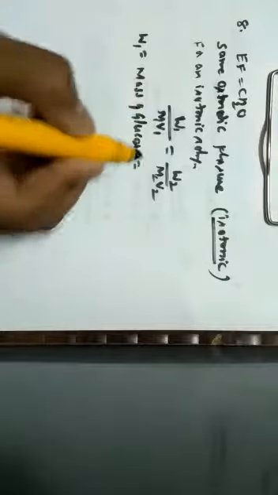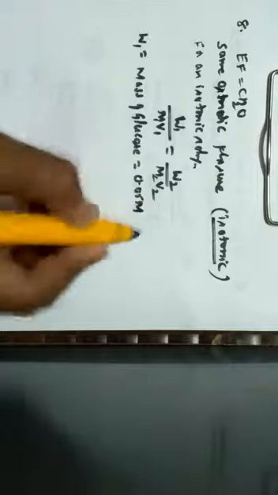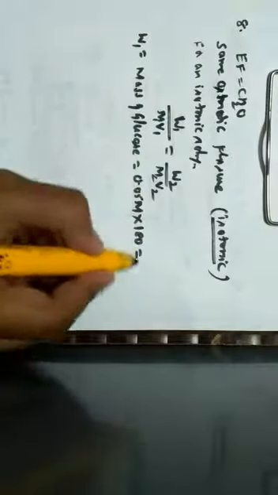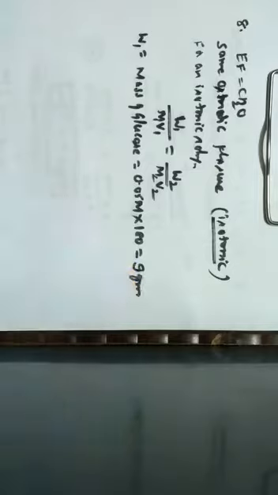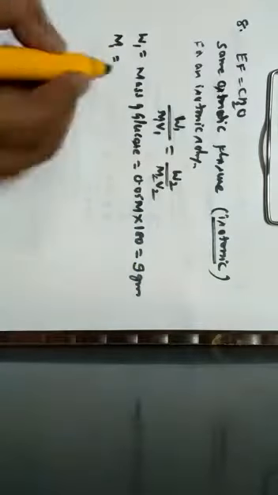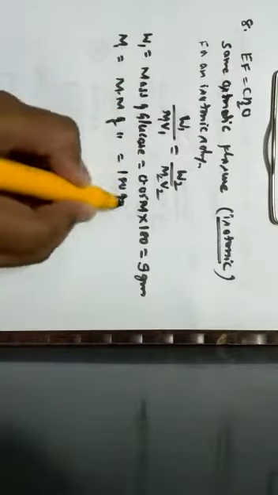It has been given that the concentration is 0.05 molar with reference to glucose, and its molecular mass is 180. Hence the mass of glucose is 9 grams. M1 is the molecular mass of glucose, which is 180 grams.